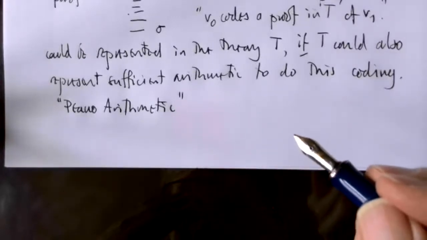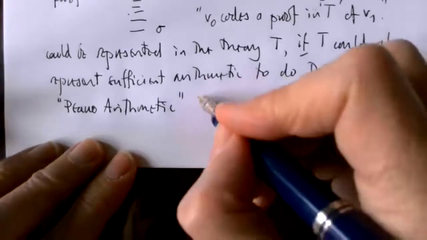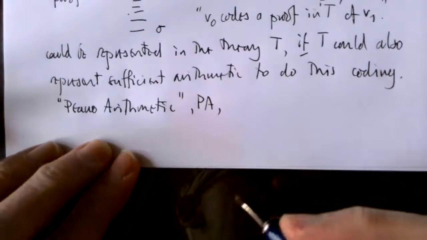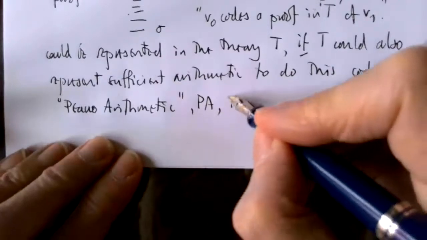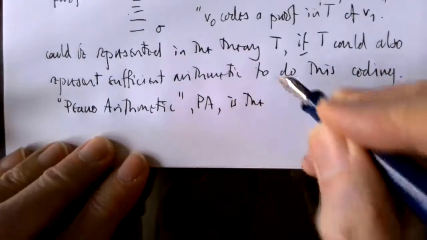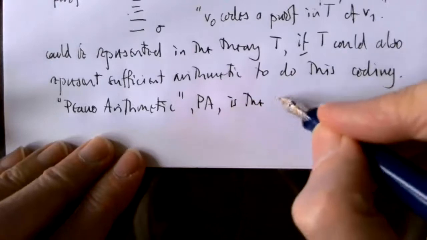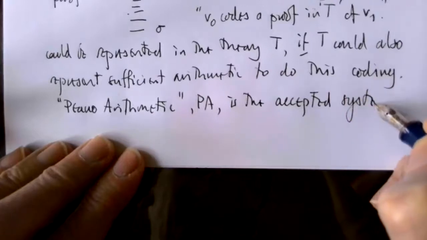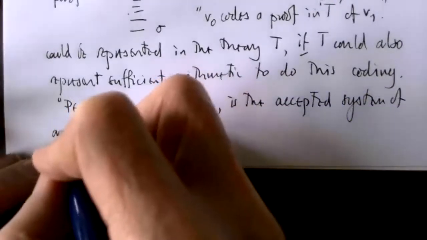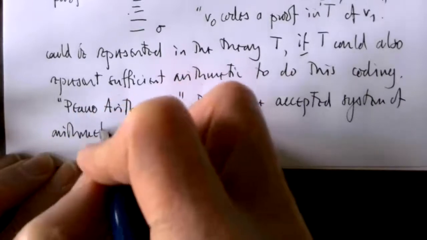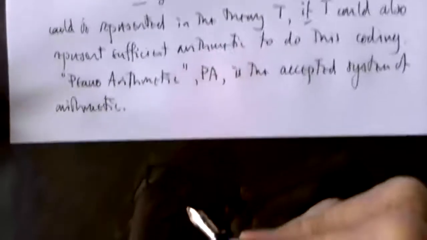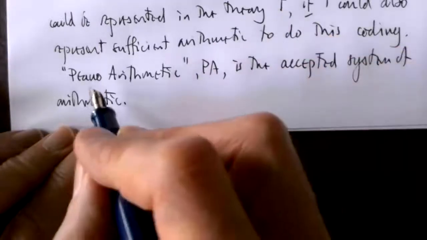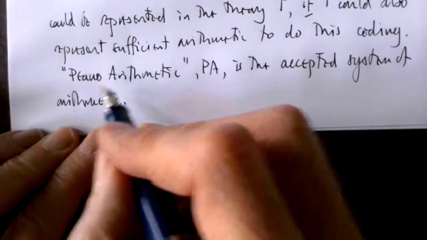But it's grown up, this is called Peano arithmetic or PA, the accepted system of arithmetic. So as long as the theory T extends the axioms of Peano arithmetic, then it can do it.